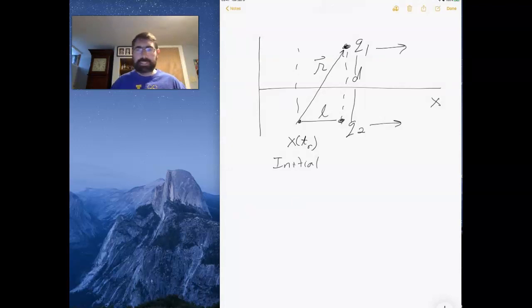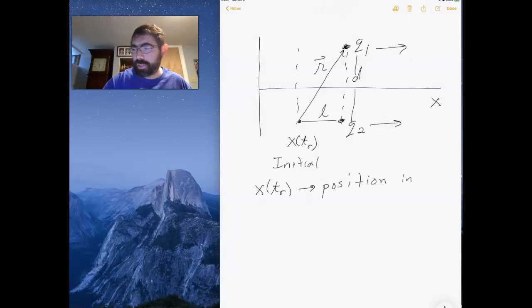So just to recap, this is the position at the retarded time. Let's say the charges start at rest and then accelerate from that initial position.